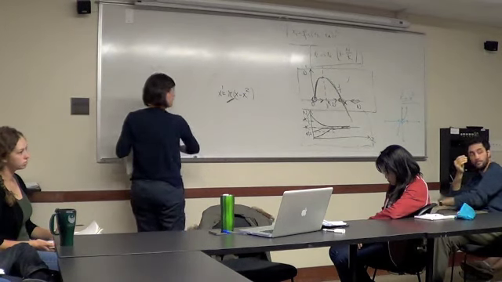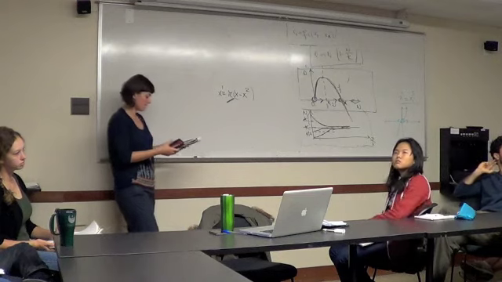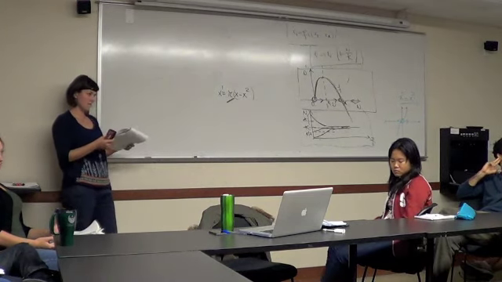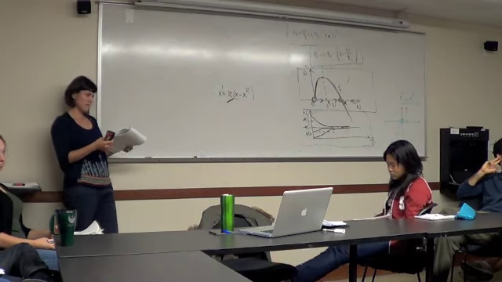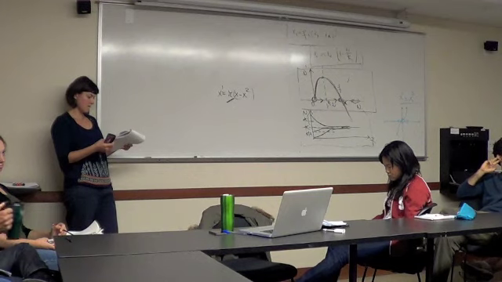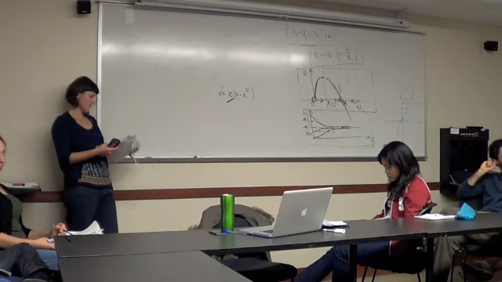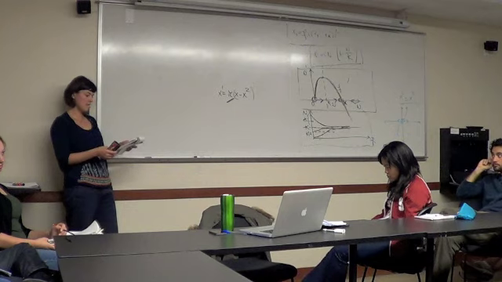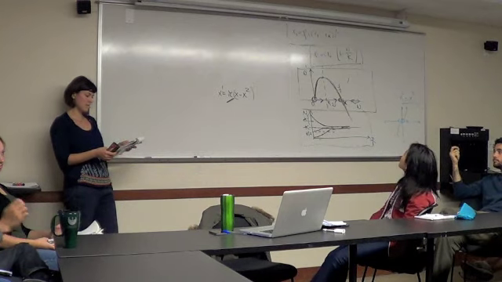Can I say one more thing about that? Yeah. When I was talking about the logistic equation, the R parameter was this thing that we got from all these microscopic complications that we didn't know about. And the X that we're looking at was the macroscopic behavior of the entire population.